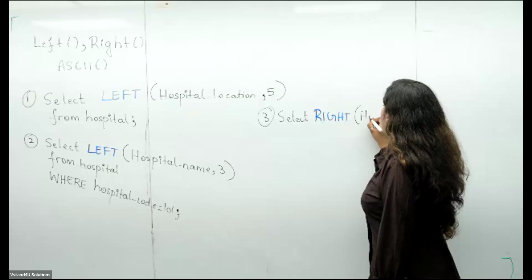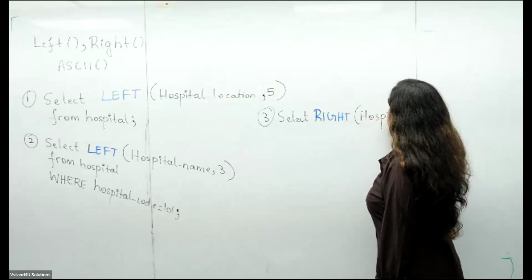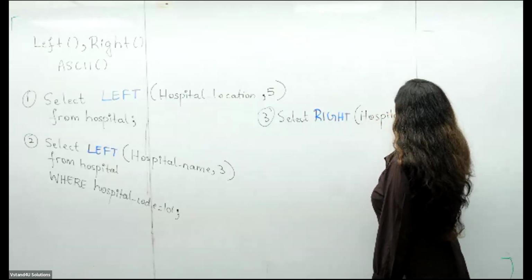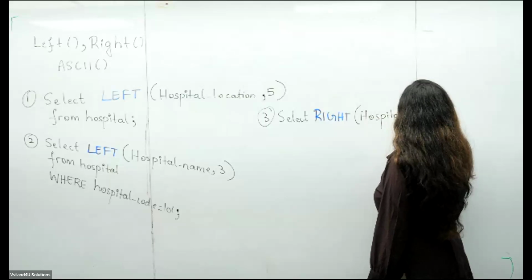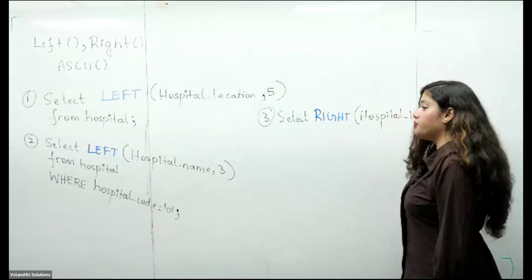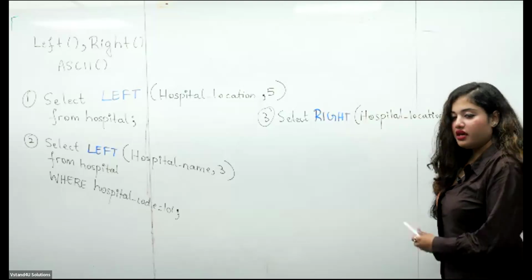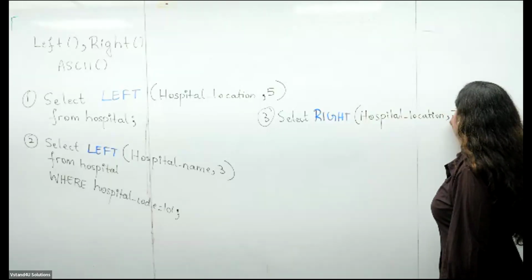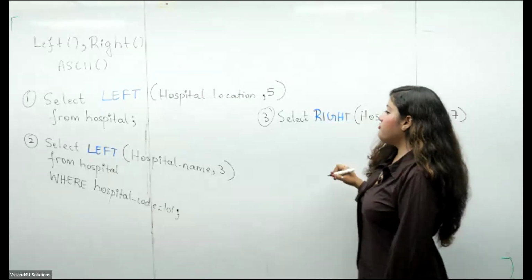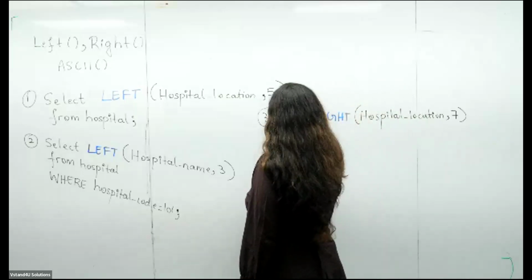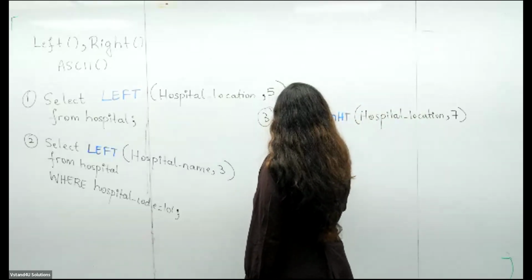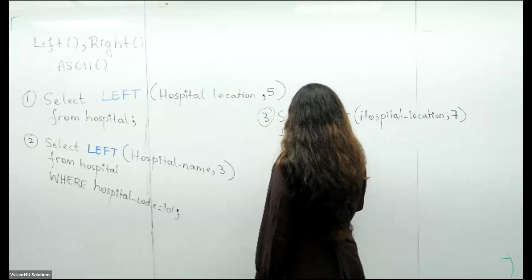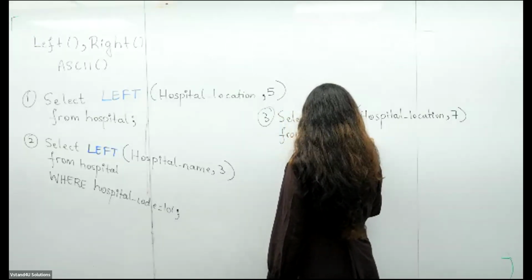Hospital location. They are telling you to extract it from hospital location. Now, how many characters are you supposed to extract? 7 characters. So, you will just mention 7. And from which table? Have they given any condition? No? Clear with this? Yes?